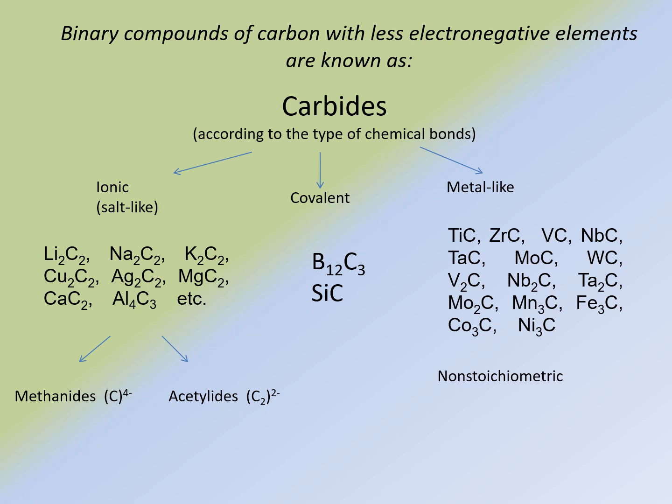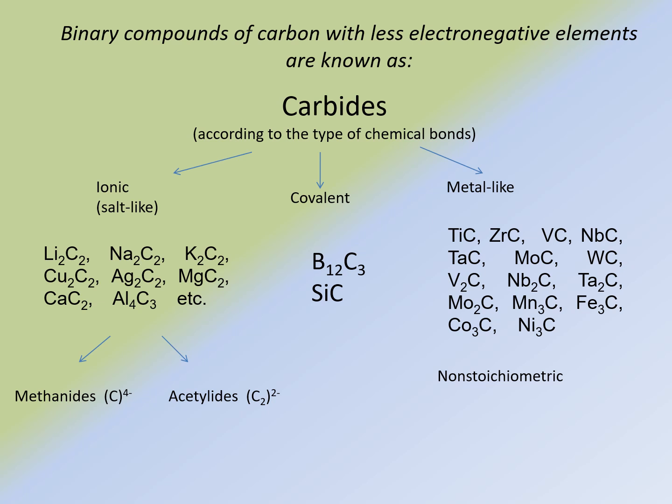About carbides, as I said, there are different types of carbides, but they differentiate usually ionic or salt-like carbides and metal-like carbides, as well as covalent. If it's an ionic one, it means that carbon is in the negative oxidation state and it's in combination with the positive metal.